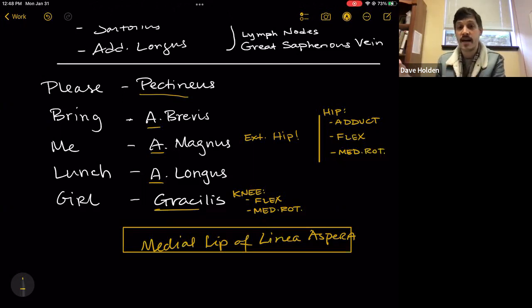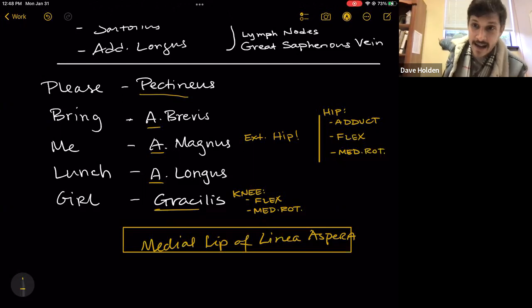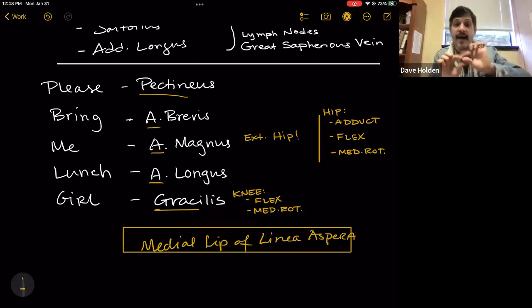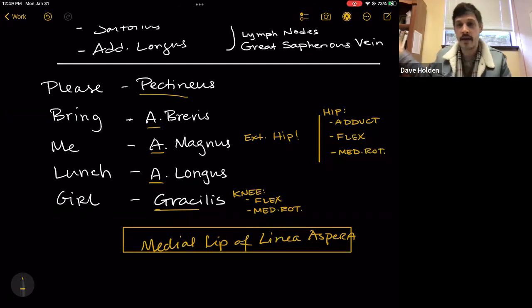You want to abduct and extend the hip and laterally rotate it. When you roll that leg out, swing it out to the side and pull it back as far as you can get it, that adductor longus is as long as it will get. From there, it can contract and shorten and then bring the leg back into medial rotation, adduction, and flexion.